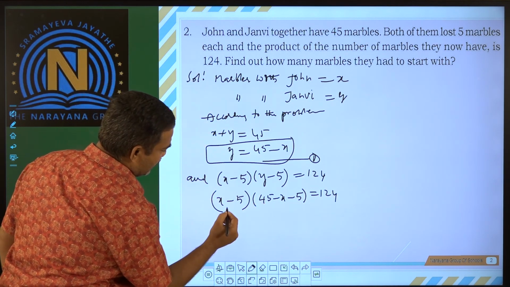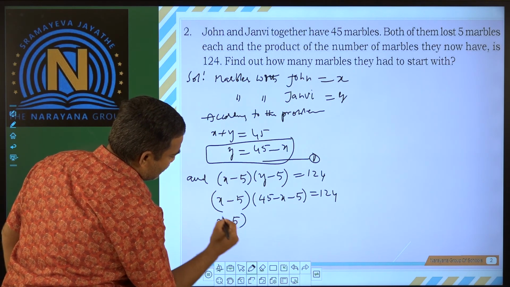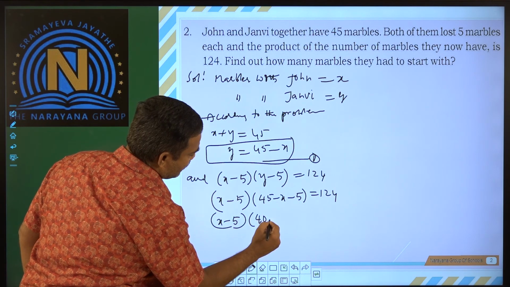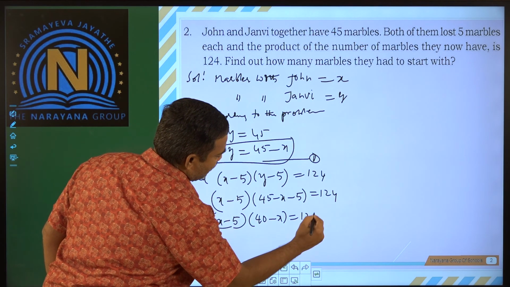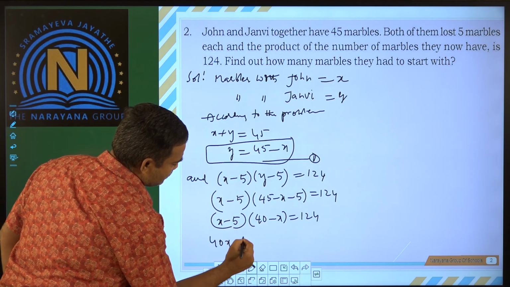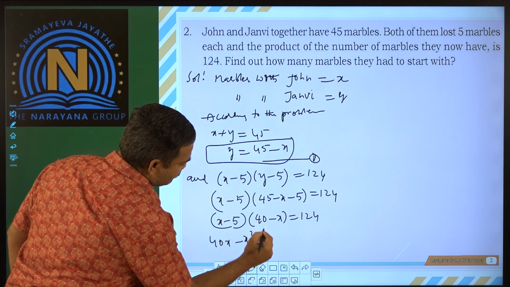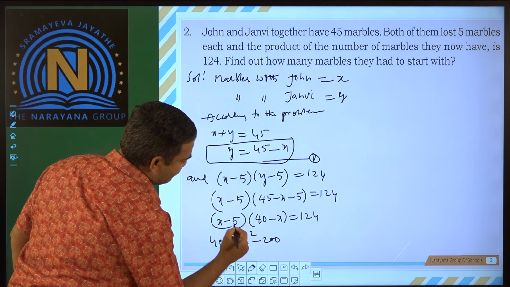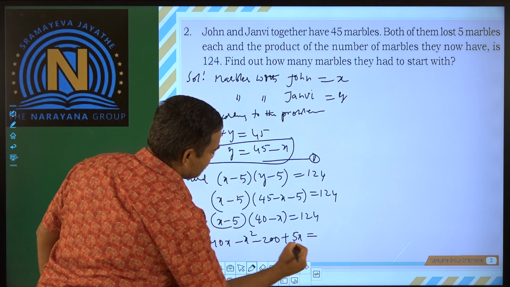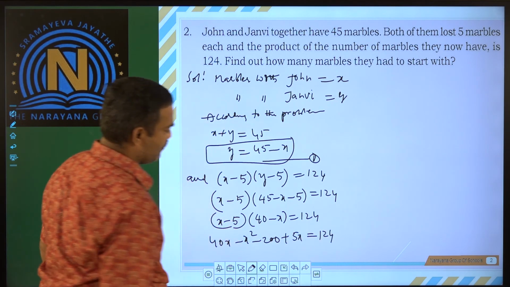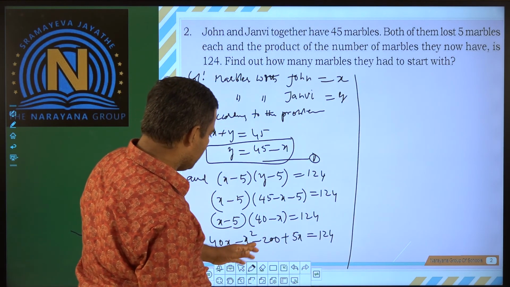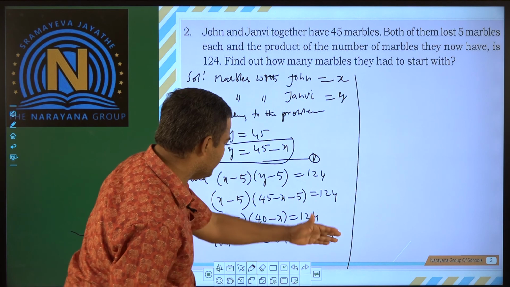In this, multiply x minus 5 into 45 minus 5, which means 40 minus x, is equal to 124. Multiply: 40x minus x square minus 200, minus into minus plus 5x is equal to 124. Now all these terms taken to the right side.